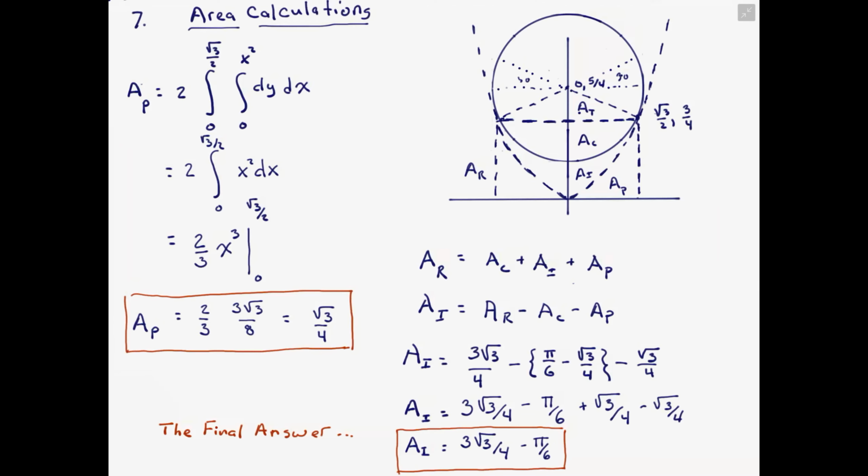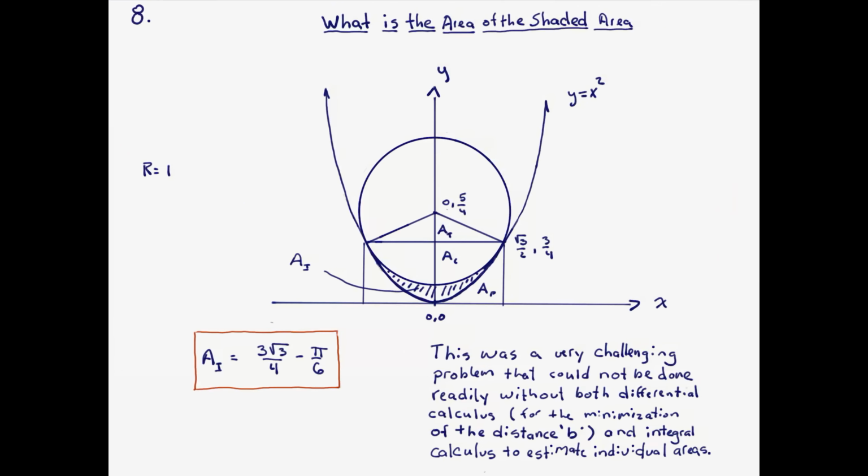And when we rearrange algebraically, we have the solution for the area between the circle and the parabola, A sub I, which is 3 times the square root of 3 over 4 minus pi over 6. And that's the final answer. So that's the area of our shaded part of the original problem as it was posed.